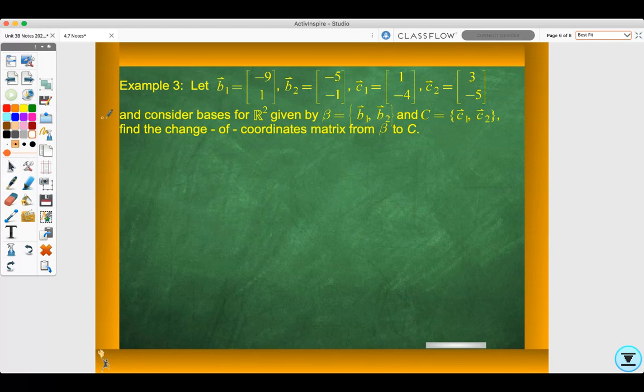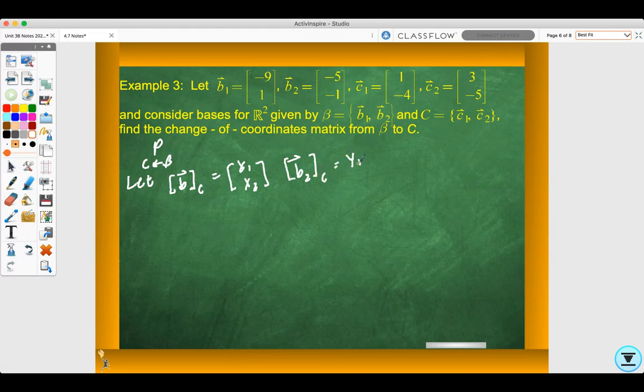So we need to find, so we're going to let my B coordinate vector of C equal this, and the second one be y1, y2.